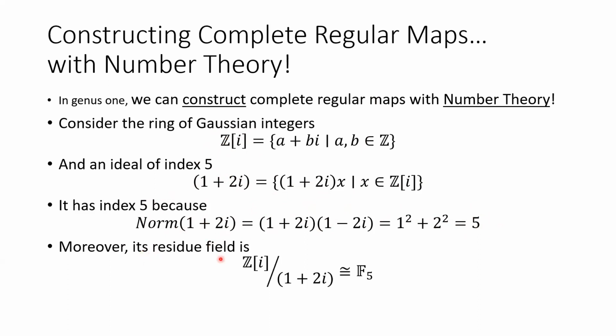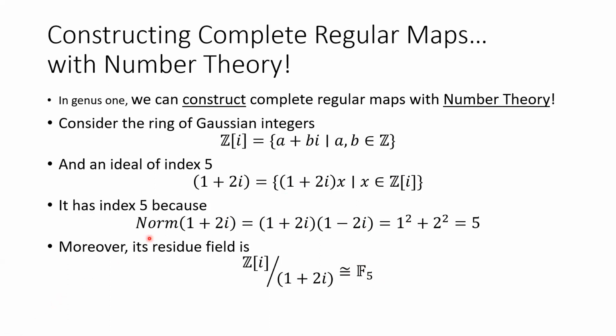Moreover, the residue field, which is the field that you get when you take the quotient by this maximal ideal, is going to be the field with 5 elements. So Z adjoin i modulo 1 plus 2i is the field with 5 elements, and this field with 5 elements is going to be the 5 vertices in my complete regular map.